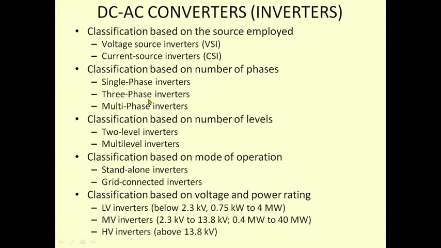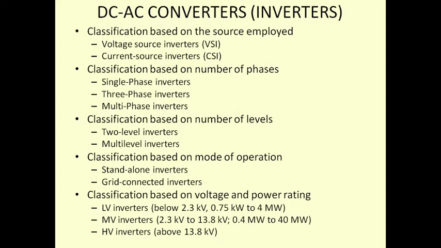Then we have three phase inverters, which are large inverters mostly used for industrial purposes. Nowadays much work is going on in the multi-phase area. That means we can increase the number of phases.